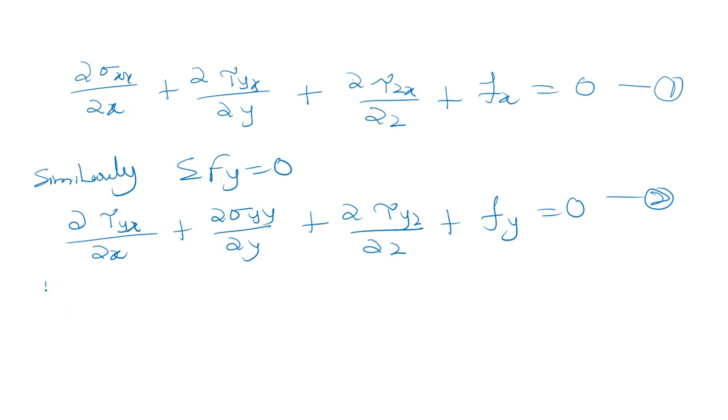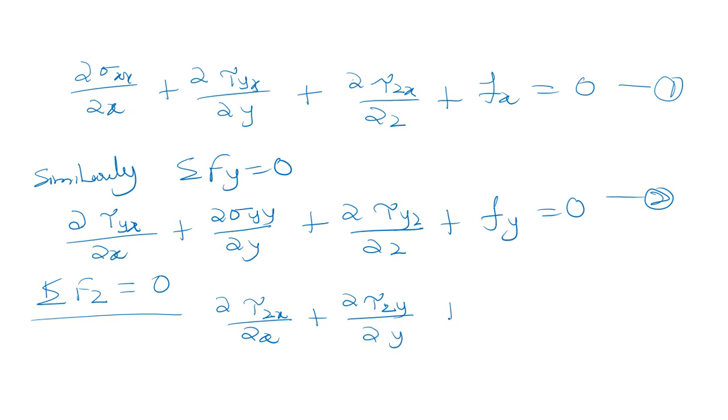Similarly, the forces in the z direction are also 0. Then we can get dou tau zx by dou x plus dou tau zy by dou y plus dou sigma zz divided by dou z plus f of z is equal to 0.